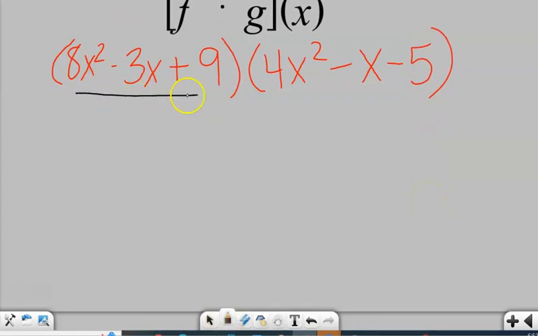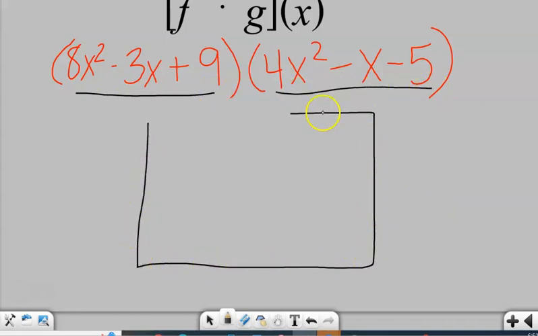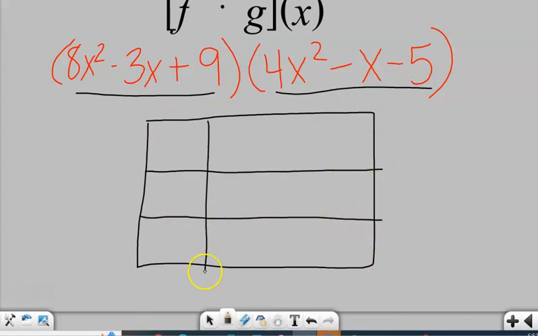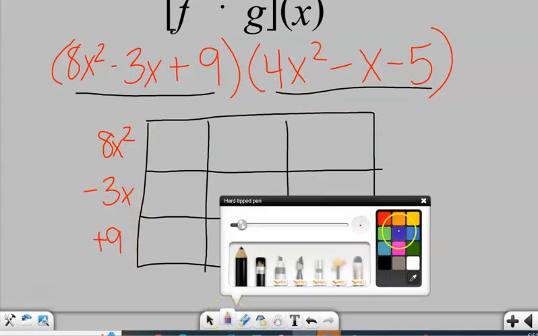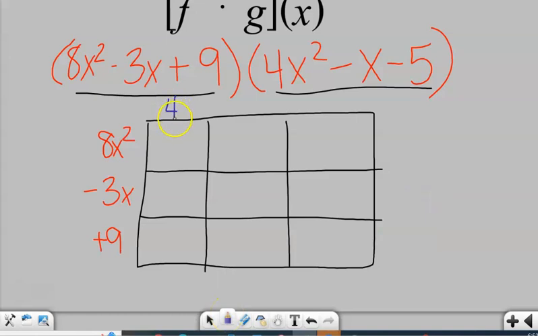Since it's a 3-term by 3-term, I'm going to make my box kind of big so that I can have 3 in each direction. So I'm going to take the first one and go down the side and say 8x squared minus 3x plus 9. And then I'm going to do my second one across the top. I'm going to change the color so it doesn't run together. 4x squared minus x minus 5.